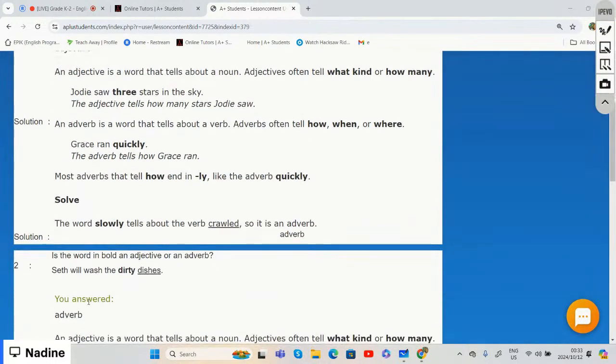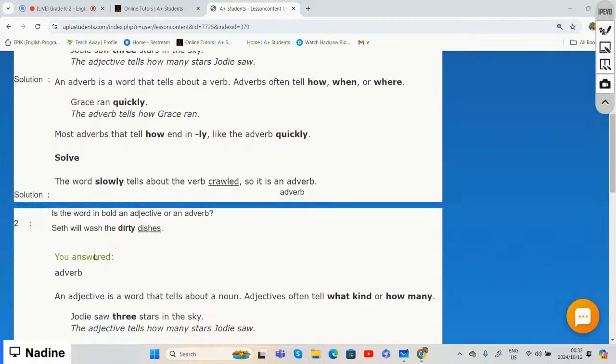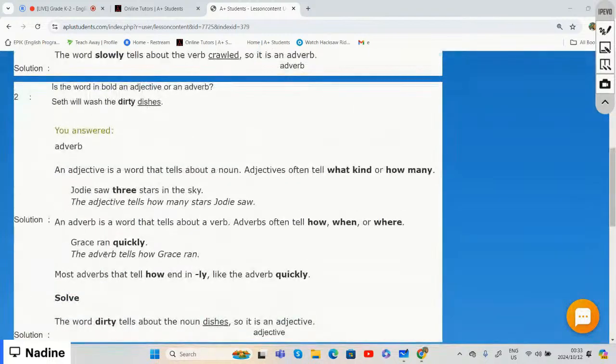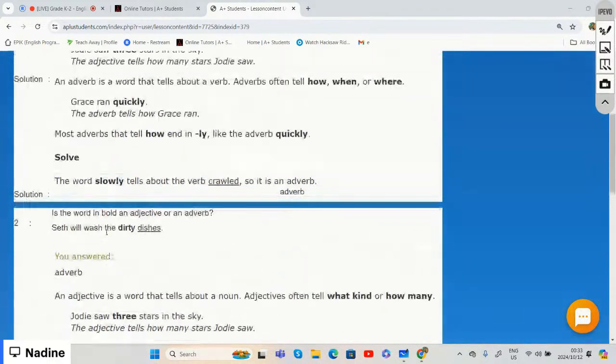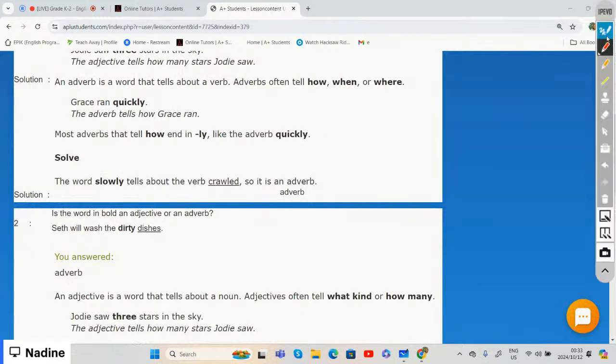All right, look at the next one. It says, Seth will wash the dirty dishes. We need to say if dirty is either an adjective or an adverb.